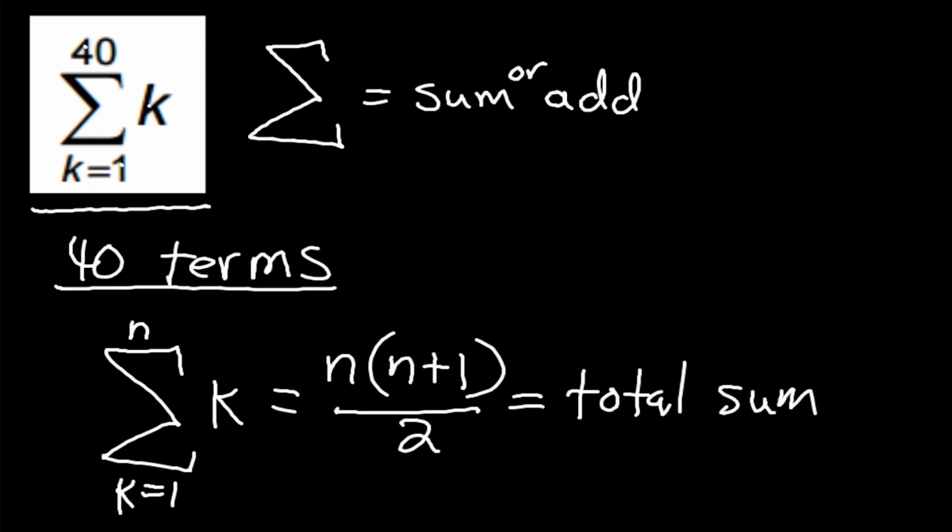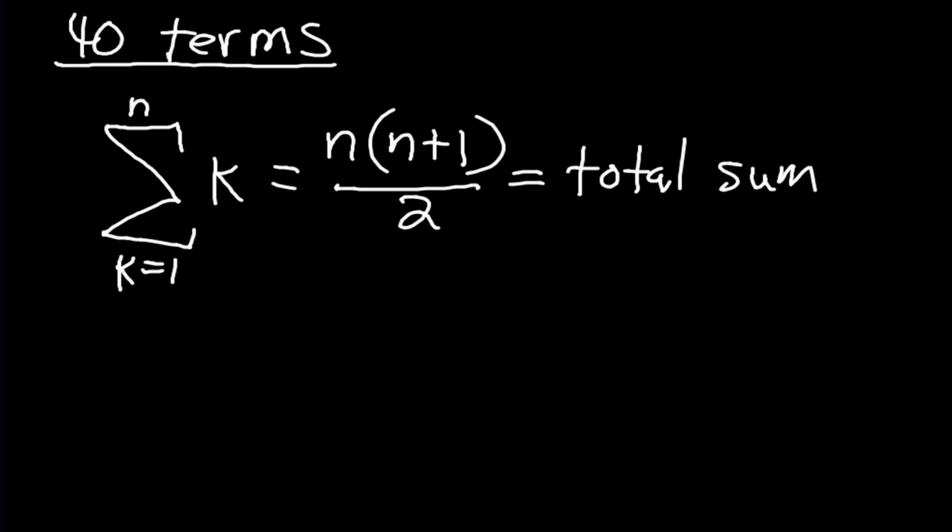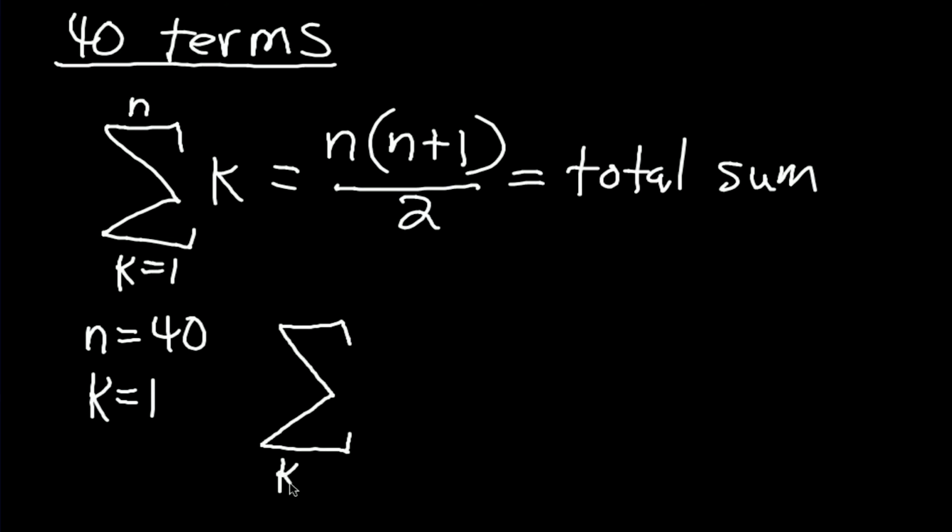So now let's apply this formula. In this case, we know that n is going to be equal to 40, and we know that k is going to start at 1. So k is equal to 1 to 40, and we're just doing k. We're substituting in what k is each time.